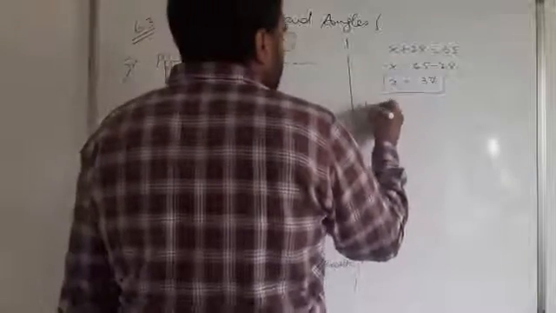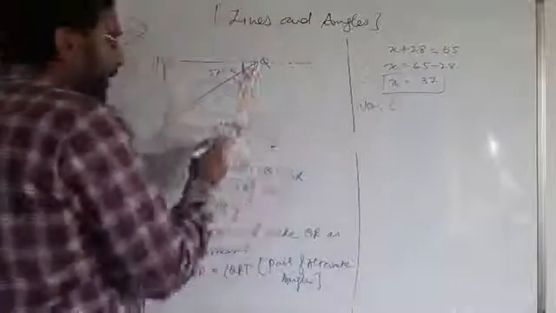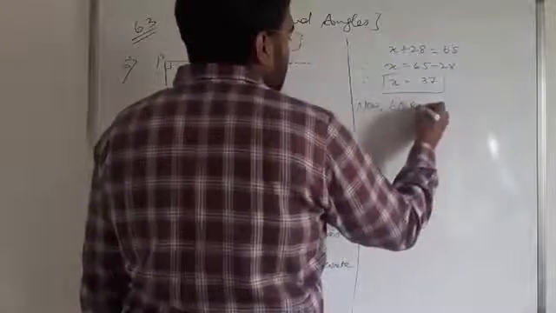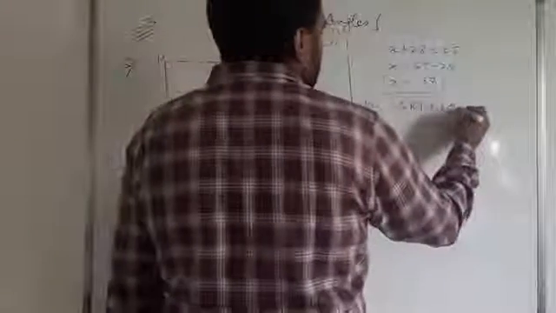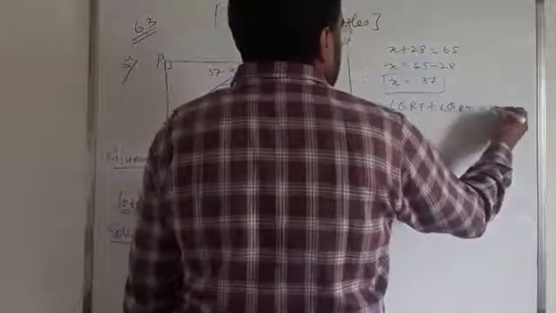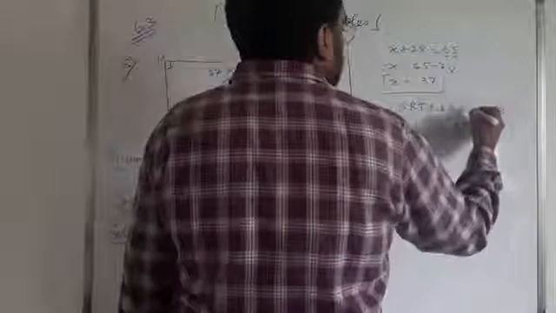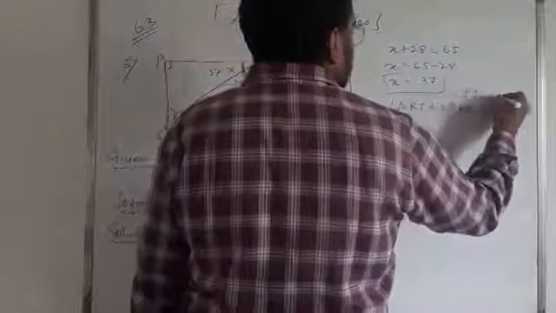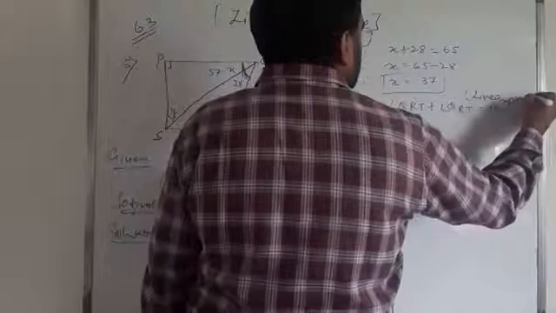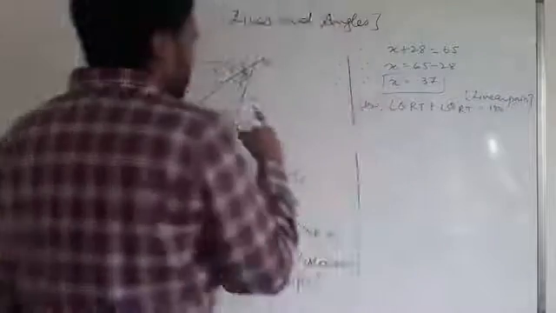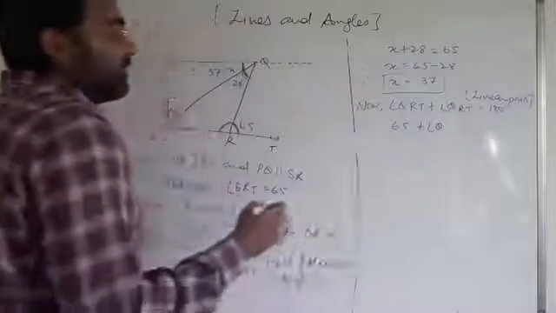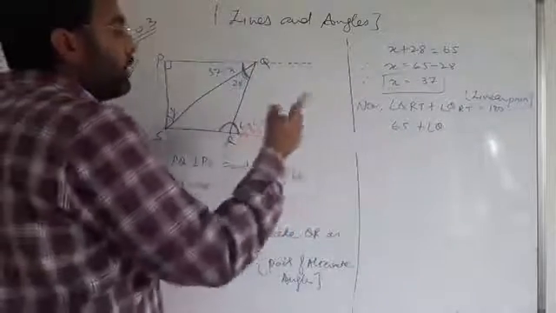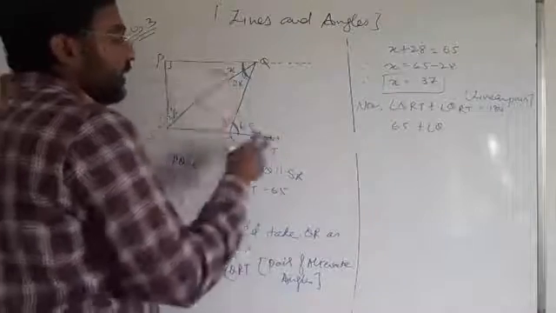Angle QRS plus angle QRT is equal to 180 degrees, linear pair. Angle QRT is 65 degrees, plus angle QRS. I'll write QRS and QRT.